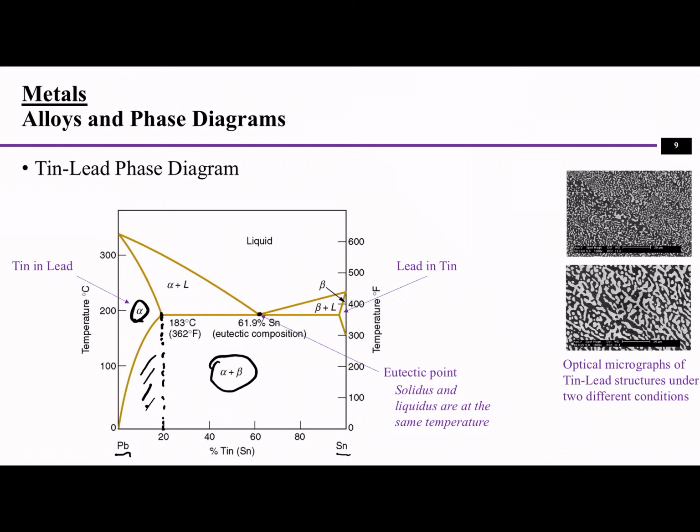You can see the two figures here. These are the optical micrographs of the tin-lead structures under two different conditions. You can see how different they are. They're under the same scale.